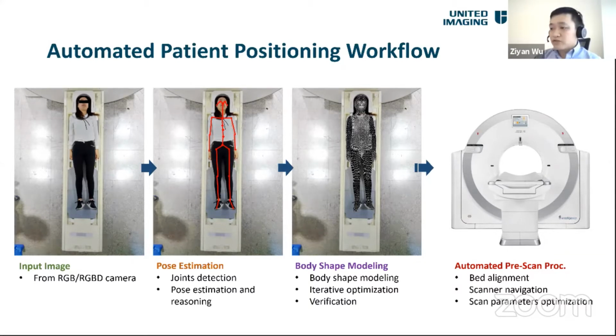Based on the image data, we can detect the anatomical landmarks on the patient and estimate the pose of the patient. At the same time, we can estimate the body shape of the patient. Based on all this information, we can convert it into scanning parameters. And then the whole process becomes fully automated without any involvement of the technicians.